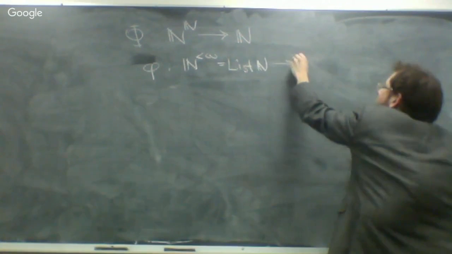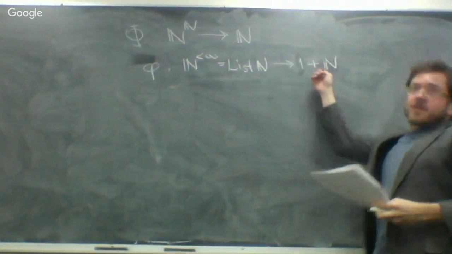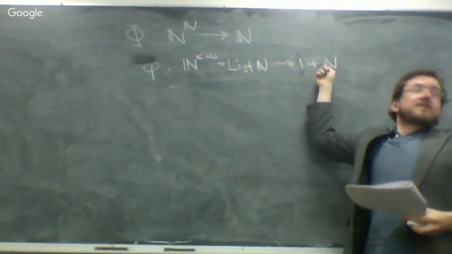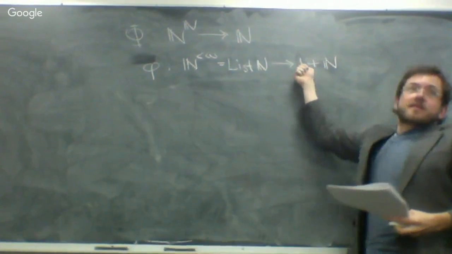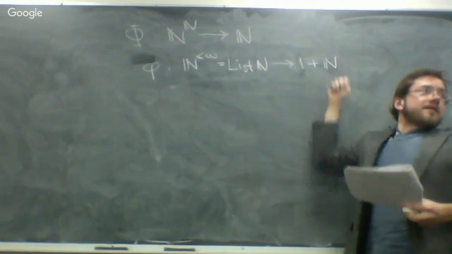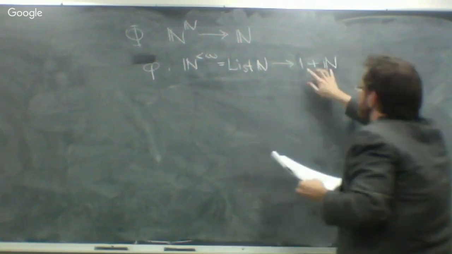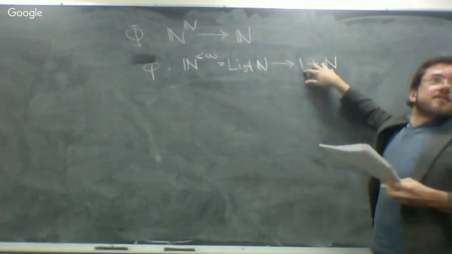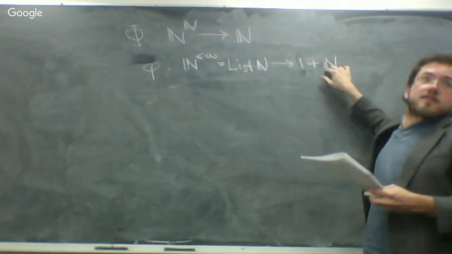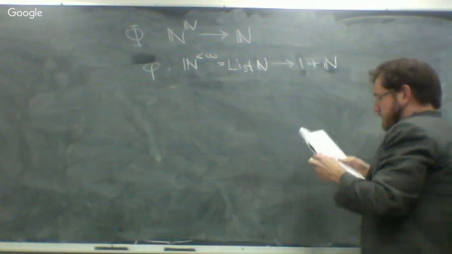So 1 plus N. So this just means the disjoint union of a singleton with the natural numbers. And if you're in the left, it means more information is needed. And if you're on the right, it means we're done. Okay. So they code this using a bijection to the natural numbers where this means 0, and these are 1 plus the element here.